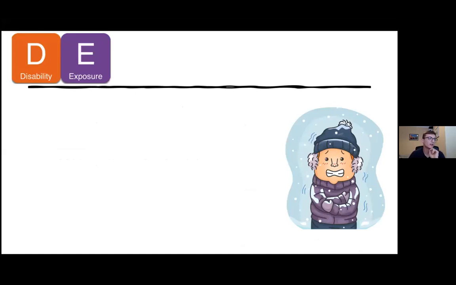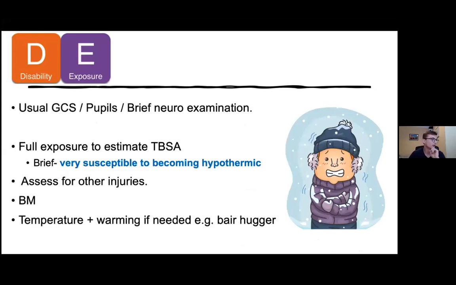So moving on to D and E. It's important to assess D as you usually would, so GCS, pupils, maybe a brief neuro exam, just to ensure that there's no other associated injuries causing a reduced GCS, so they might have it because of a compromised airway, for example.